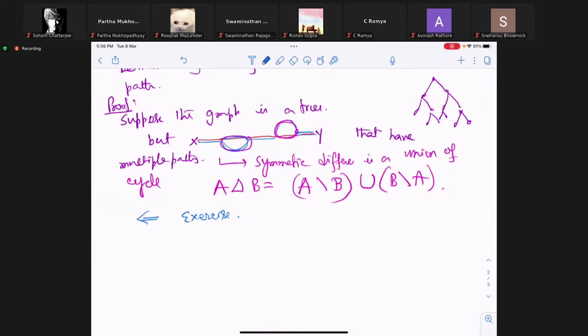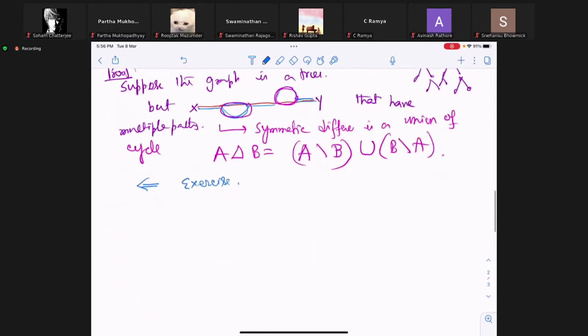Yeah, so let me just list down another property too. There are many properties; I just picked a few.